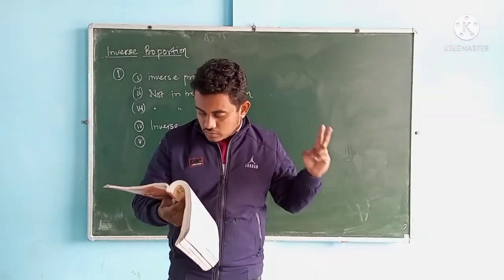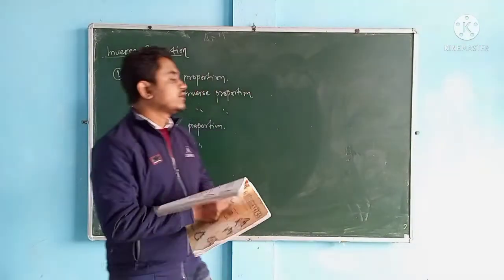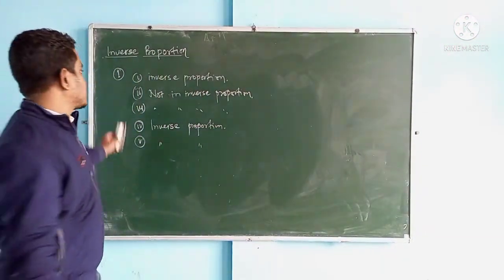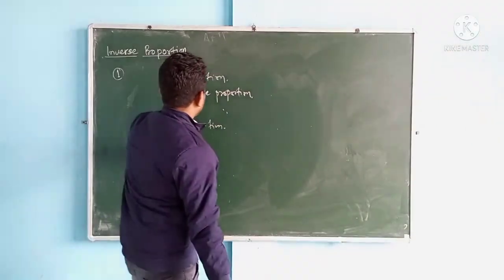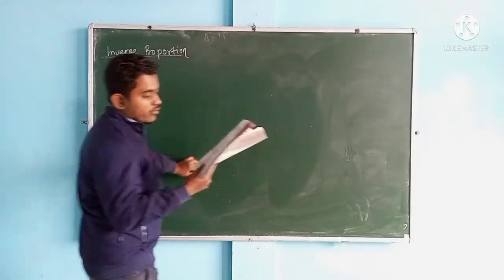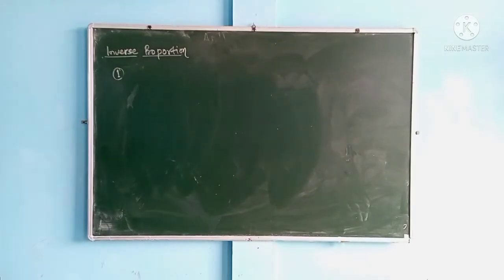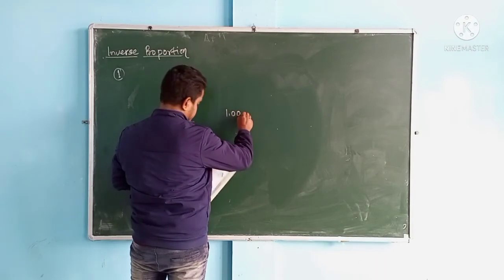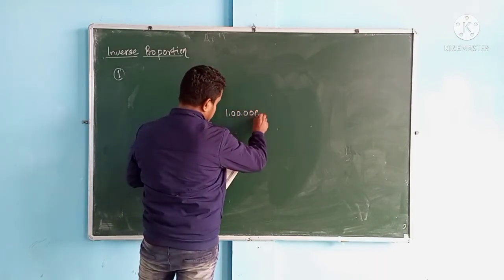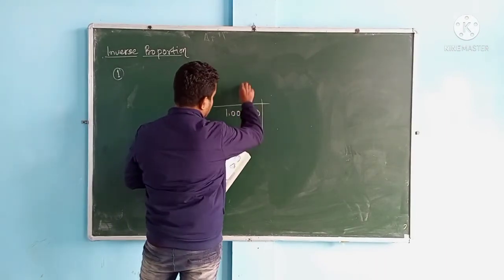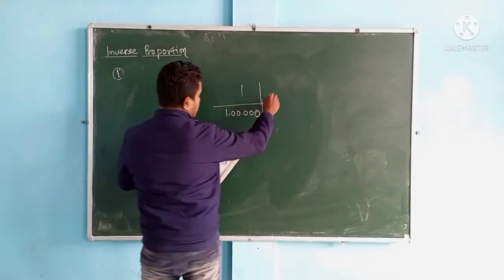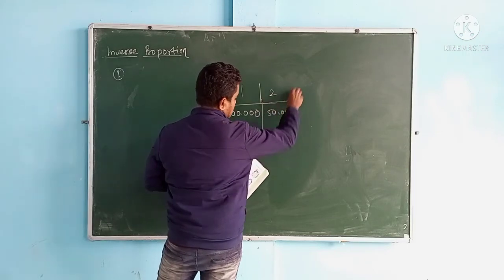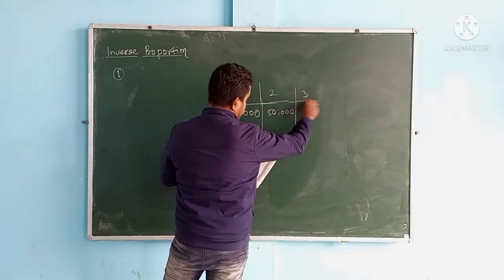For two winners, 1 lakh will be divided between two winners, so each one will get 50,000.